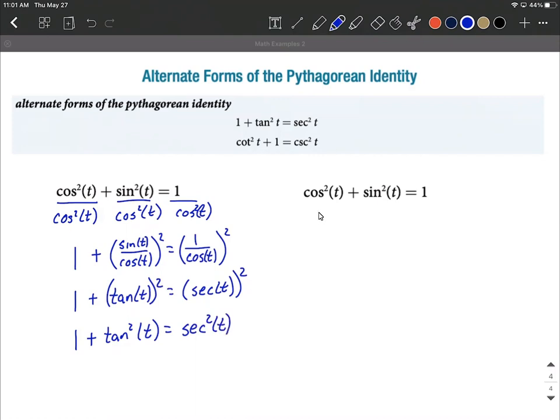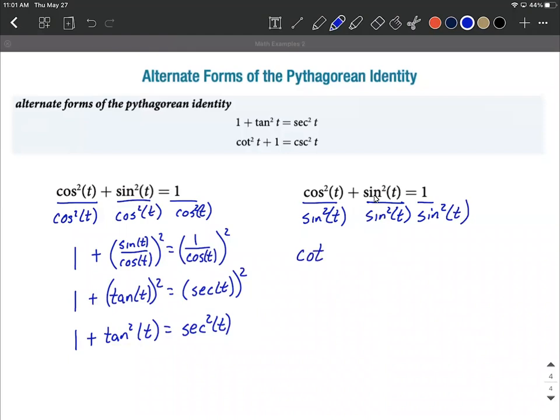We could do something very similar, except instead of dividing by cosine squared of t, we could divide each and every term by sine squared of t. So again, just divide by sine squared of t. I'm going to eliminate the intermediate steps as we walk through this one. But when we get cosine over sine, that's going to be equivalent, based on a quotient identity, to cotangent squared of t.